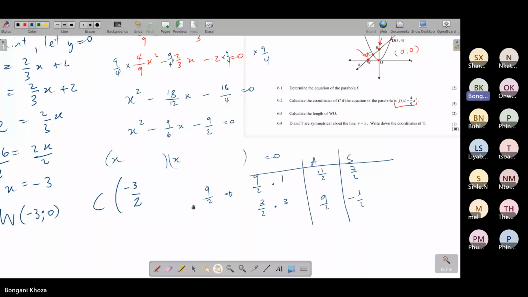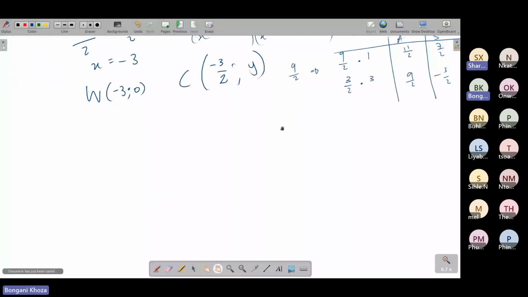So we just need to find the y coordinate of it. We can substitute this C coordinate into f of x. So we have y equals, what was our equation for f? 4 over 9.